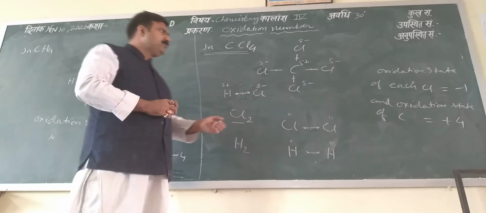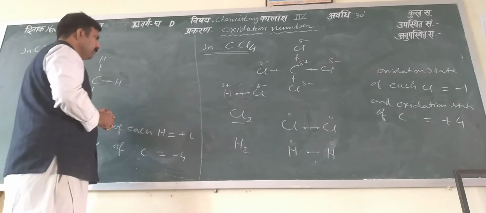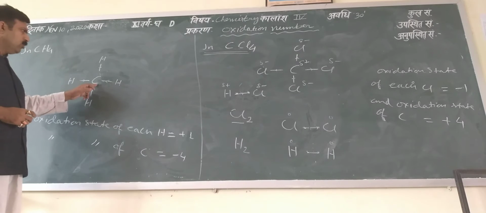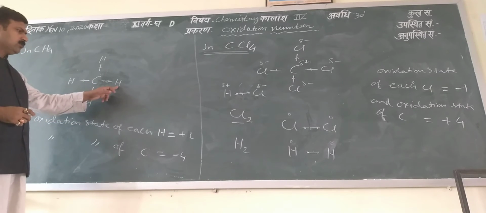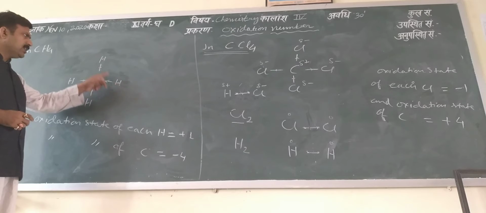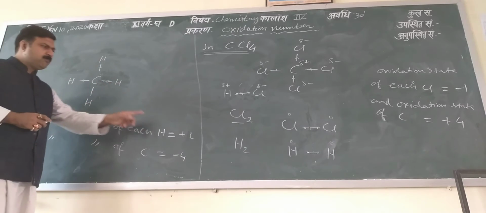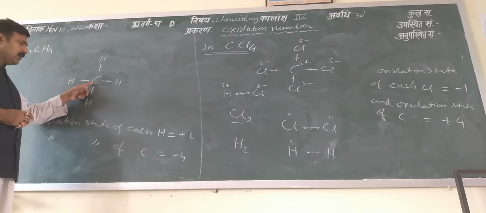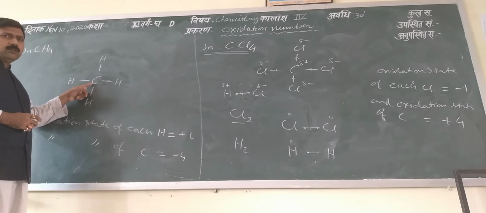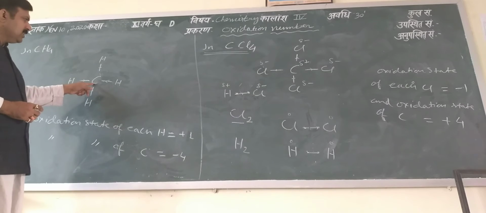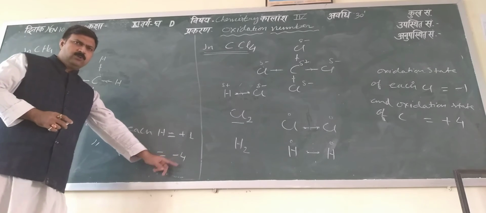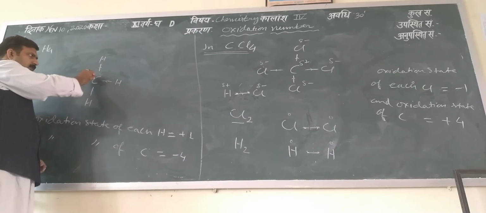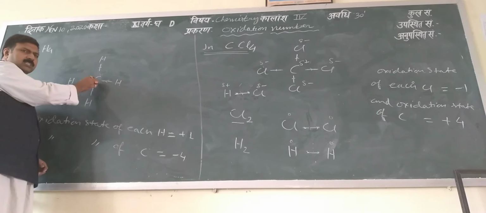For example, in case of CH4, carbon is more electronegative than hydrogen, so the oxidation state of each hydrogen will be assigned +1, and the oxidation state of carbon in CH4 will be -4, because each C-H bond will be polarized towards carbon.